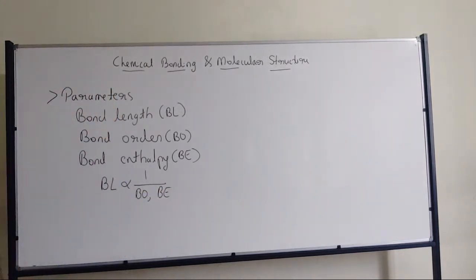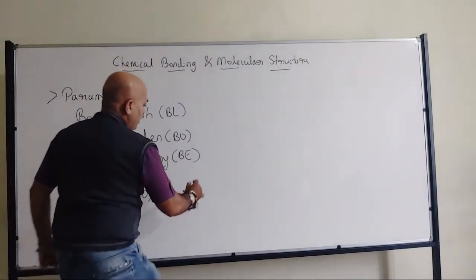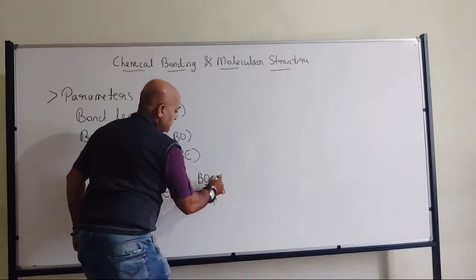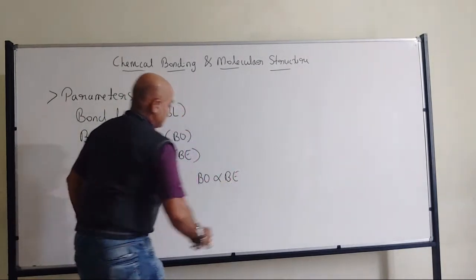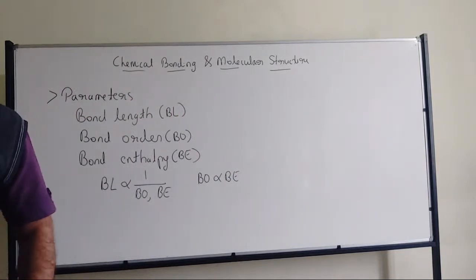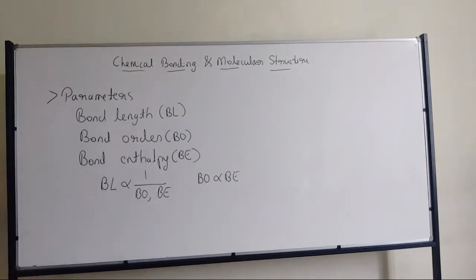Bond order and bond enthalpy should be directly related to each other. As the bond order increases, bond enthalpy will also increase. So the amount of energy required to break the bond will increase as the number of bonds increases. That's where bond order is the number of interactions between the elements.